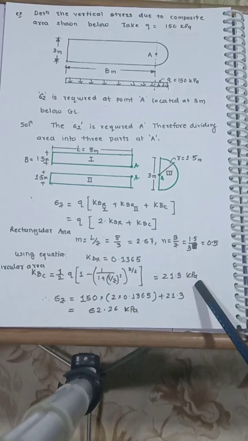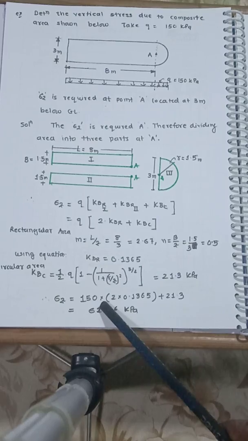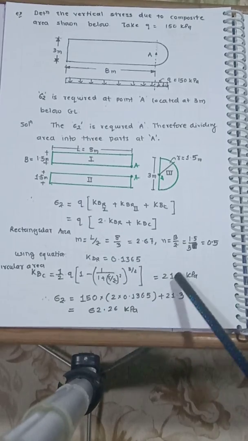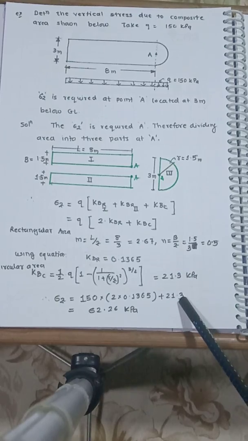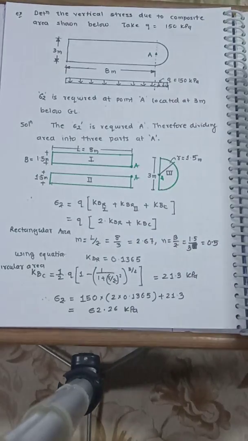I calculated it separately. So for the rectangular area, q is 150, 2 times the influence factor 0.1365, plus I directly added the circular part. So the total is 62.26. So this is how we get the stress for a combination of loadings.